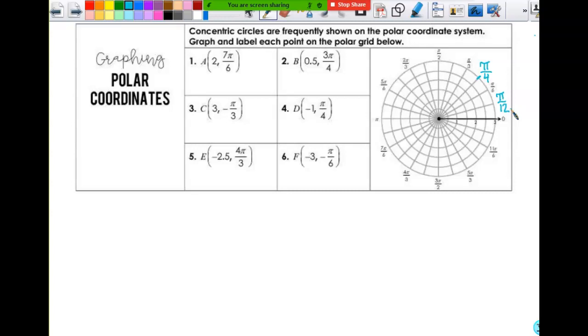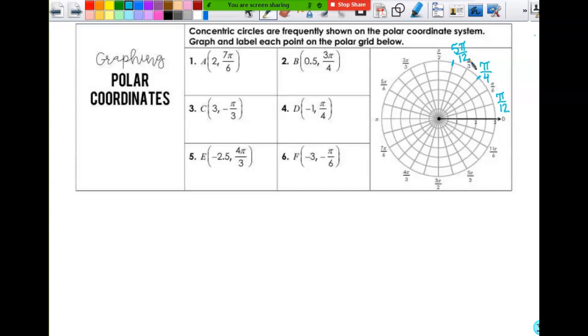Well, if this is marked off in pi 12ths, wouldn't this be 1, 2 pi 12ths, 3 pi 12ths, 4 pi 12ths? This would be 5 pi 12ths. Make sense? So if pi 12ths comes up, don't tell me you can't figure it out at all. You know enough about the unit circle, you can figure out where it is, okay? Just think about the same way you've counted everything else around there.